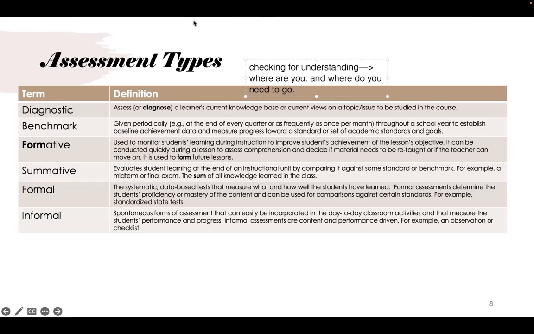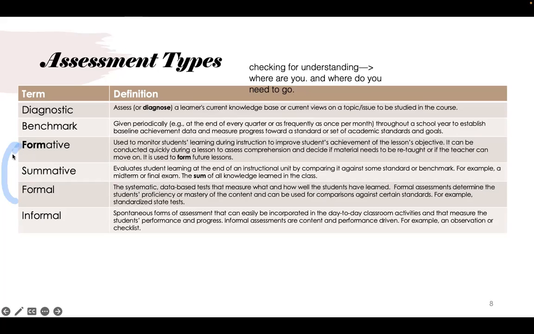Let me get my drawing thing. You can have formative, like a multiple choice exam, an essay, any type of formal assessment that you would consider a test or measurement.